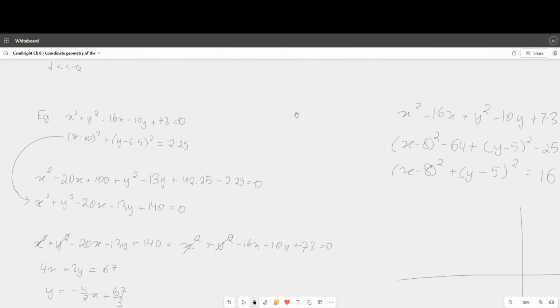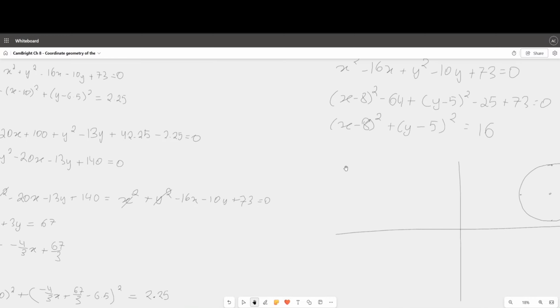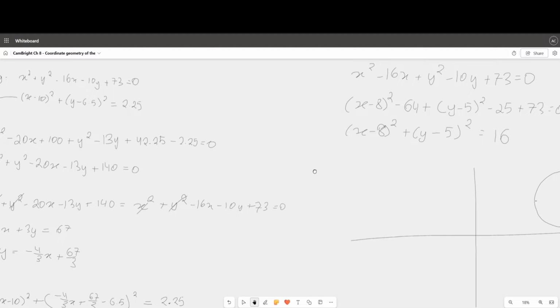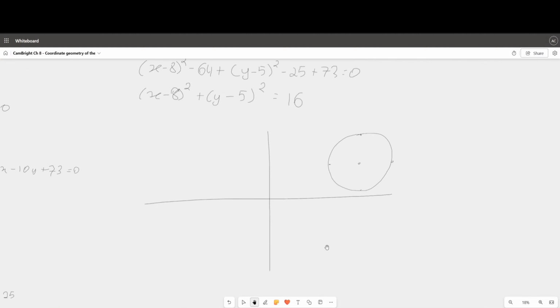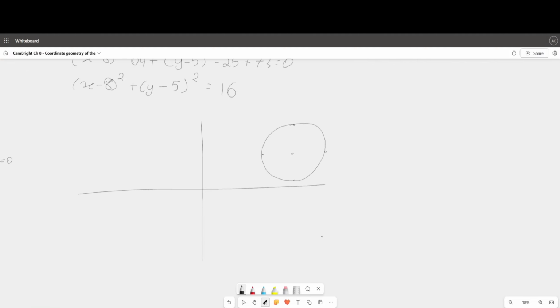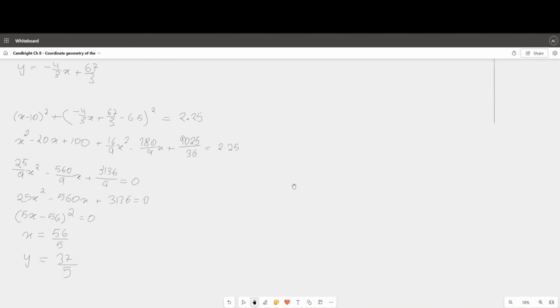If we come back to our second equation, we have 10 and 6.5, and then 2.25 gives us a radius of 1.5. So 10 and 6.5 would approximately be here, and then 1.5. So this might look something like this, with this being the one point of intersection.